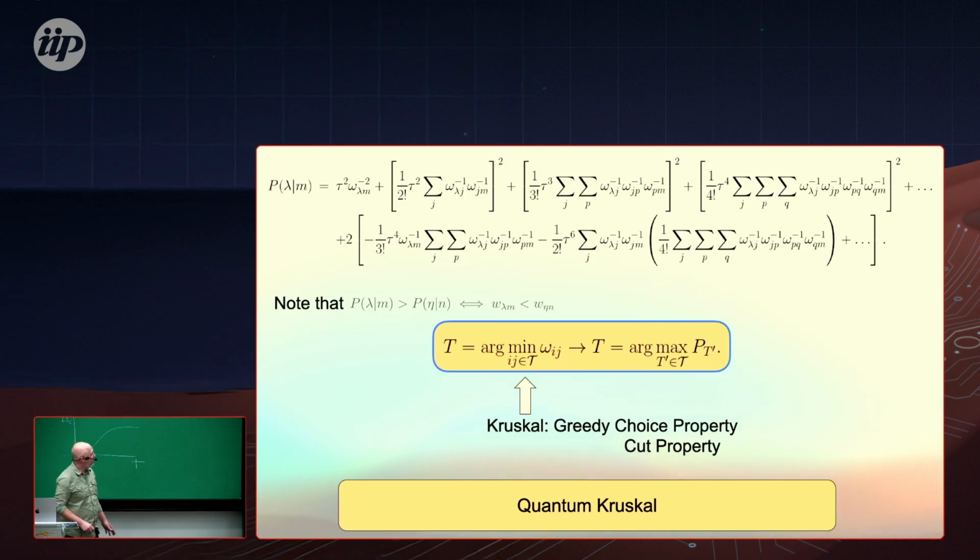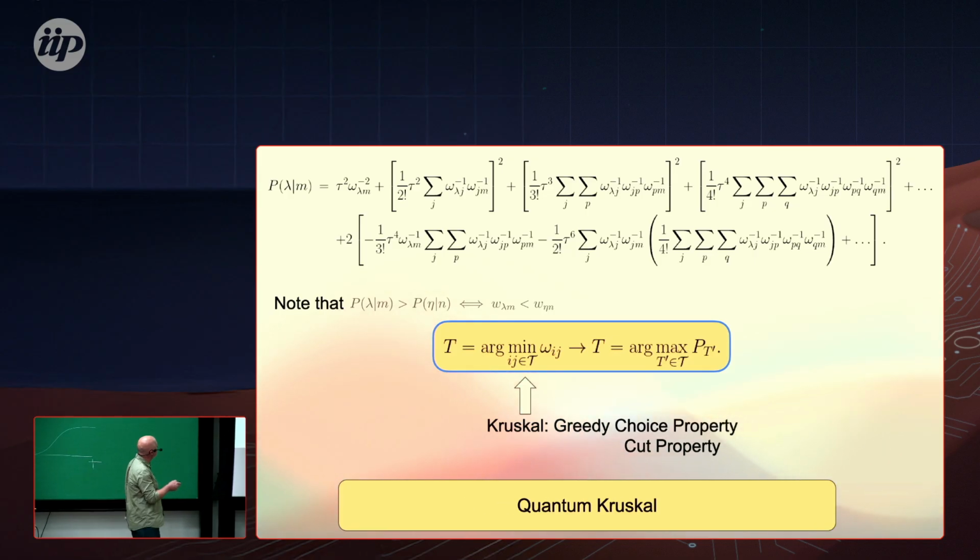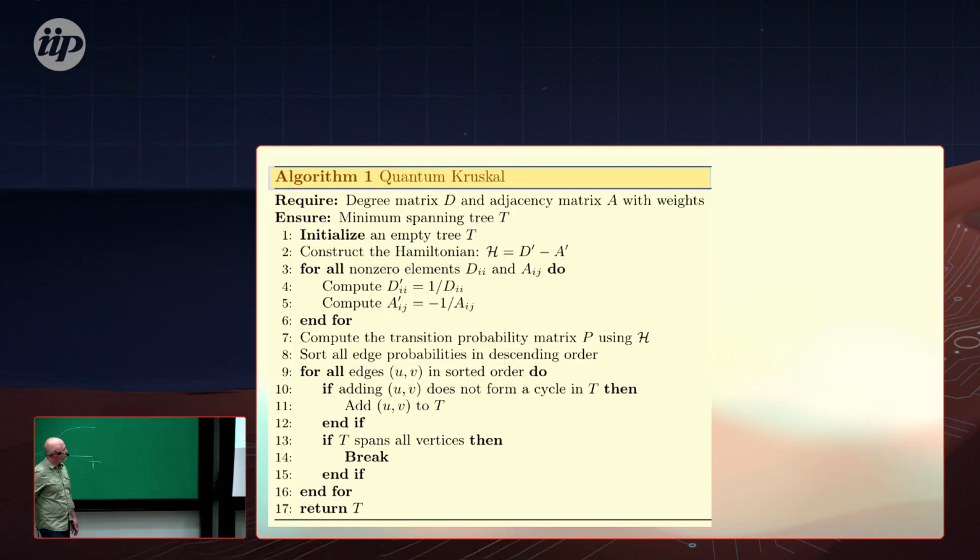Okay, so for calculating that, I hid some calculations before. So this is the transition probability in general. I like to call it a quantum Kruskal, because what we do is exactly what the Kruskal algorithm does, but we insert this quantum walk at the beginning of each time step. So this is the algorithm without restrictions.